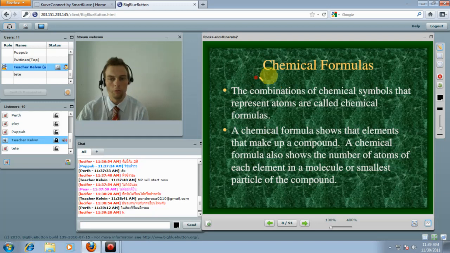So chemical formula, we got CO2, which basically tells us that there's 2 oxygens and 1 carbon. H2O tells us 2 hydrogens, 1 oxygen. When we get into more complicated chemical formulas, we will be able to know how many of each element or molecule is in the formula.